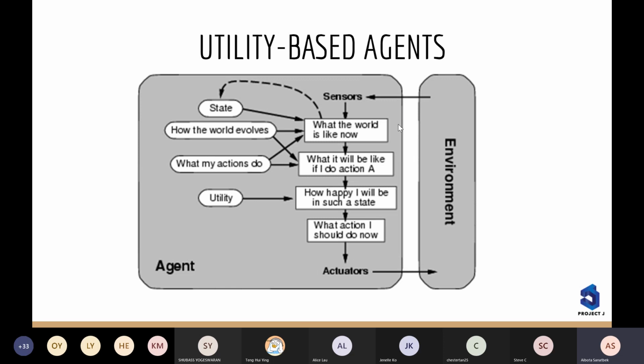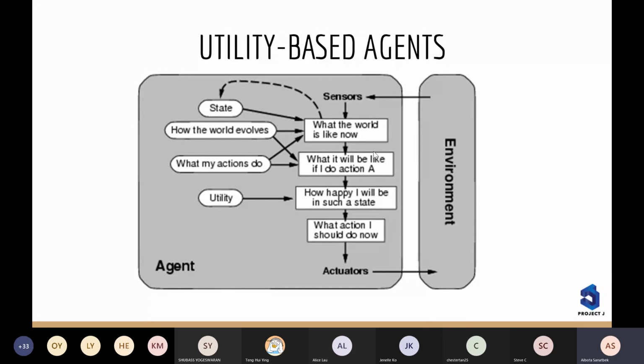Okay. So the utility-based agent is a little bit different from the goal-based agent. One difference is it has a utility function to define and measure its actions. Just like the goal-based agent, it also has a memory requirement to store how the world is evolving and what the effects of its actions are.